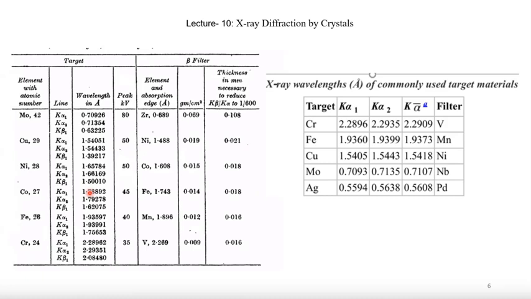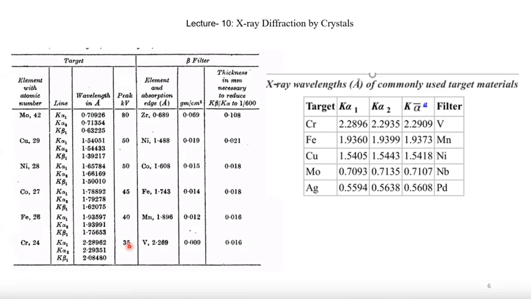Okay, you see, here we are seeing the peak height at different kilovolts: 18 kilovolt, 80 kilovolt, 50, 45, 40, 35. So we can see that to get the characteristic X-ray line, the applied voltage must be above 35 or so.